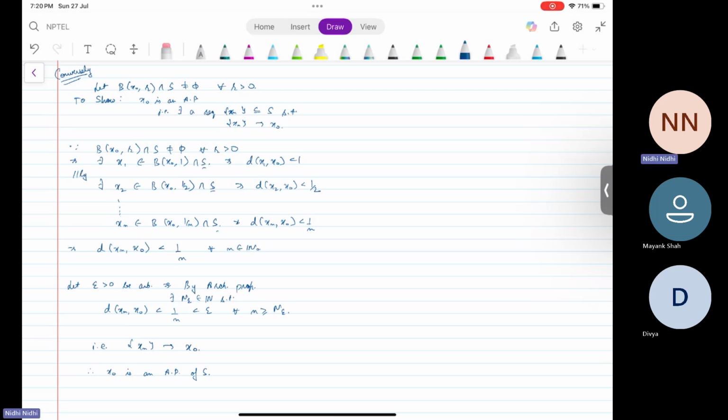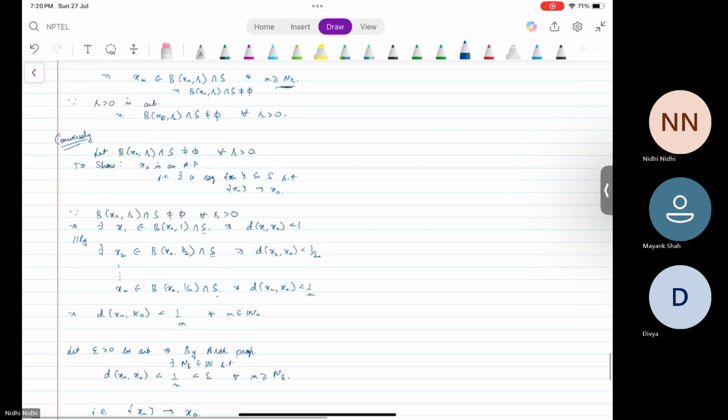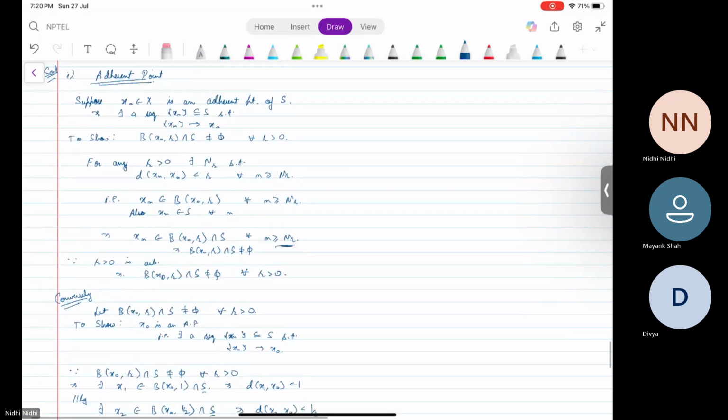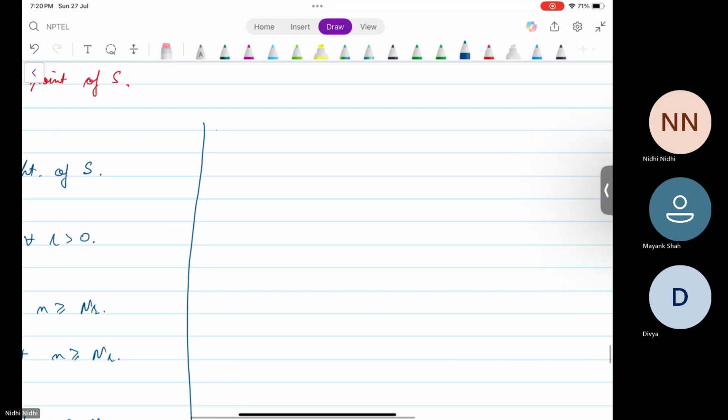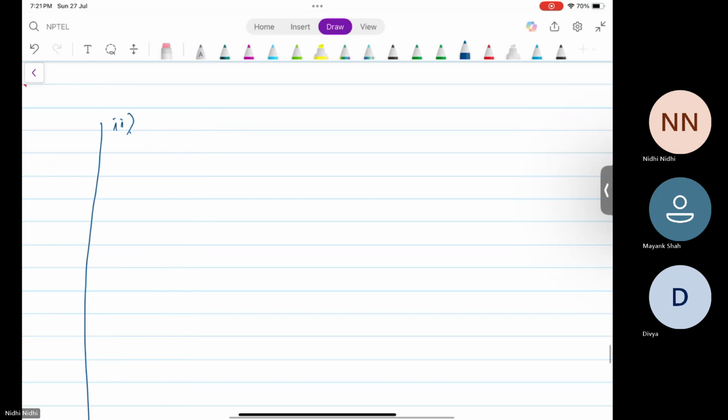Next, we will see what happens for the case of limit point.